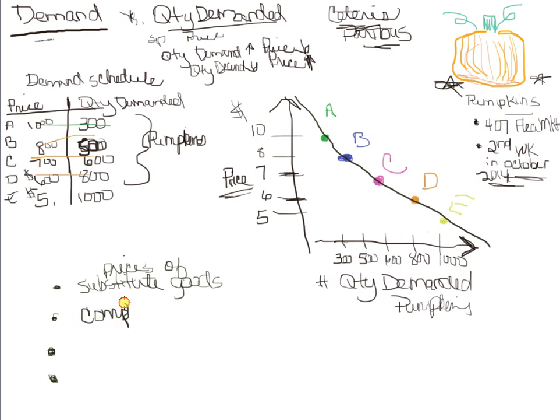And then complementary goods. Let's just say, we'll use the textbook example for this one because it's an easy one, gasoline and tires. I would have never understood this until I took this class, but the prices of complementary goods are related. That was the example I gave.